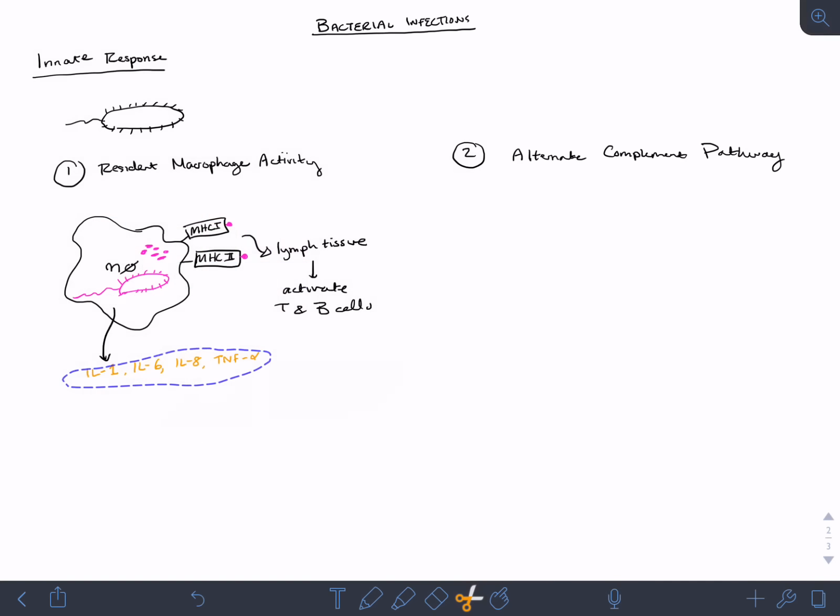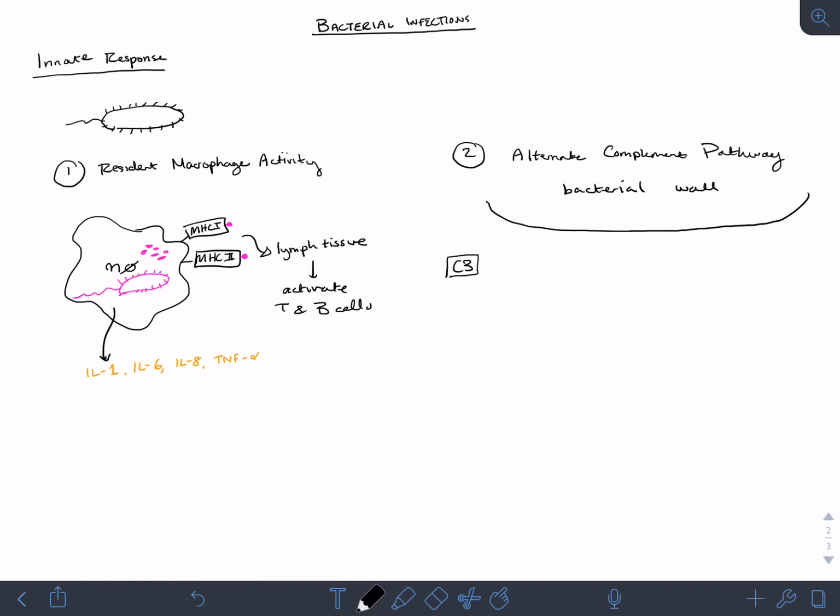I'll make these a different color. Now, as this is happening, something else is happening on a more microscopic level. I'm going to zoom in and show you, let's say this is the bacterial wall. In your tissue, you're going to have these proteins called C3 that are just floating around.